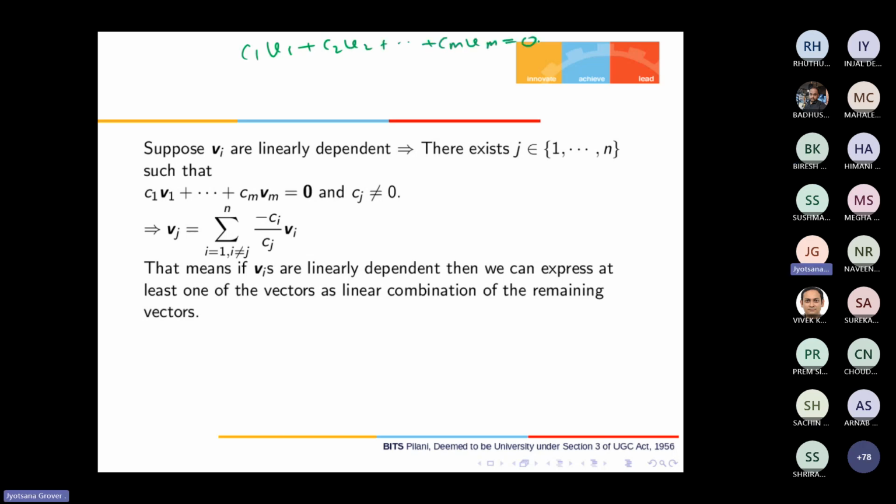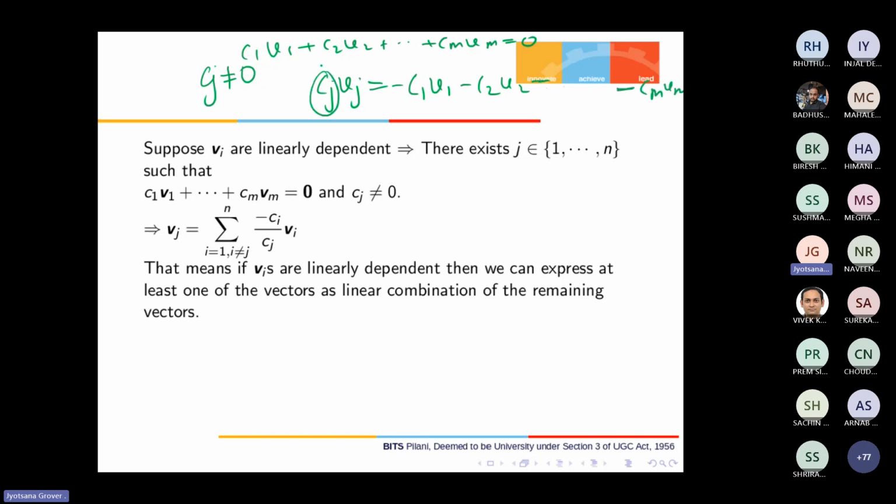Now you want to test whether they are linearly independent or not. Suppose you get one Cj as non-zero. So keep that Cj Vj here and bring the rest to the other side. So you'll say minus C1 V1 minus C2 V2 and so on minus Cm Vm.